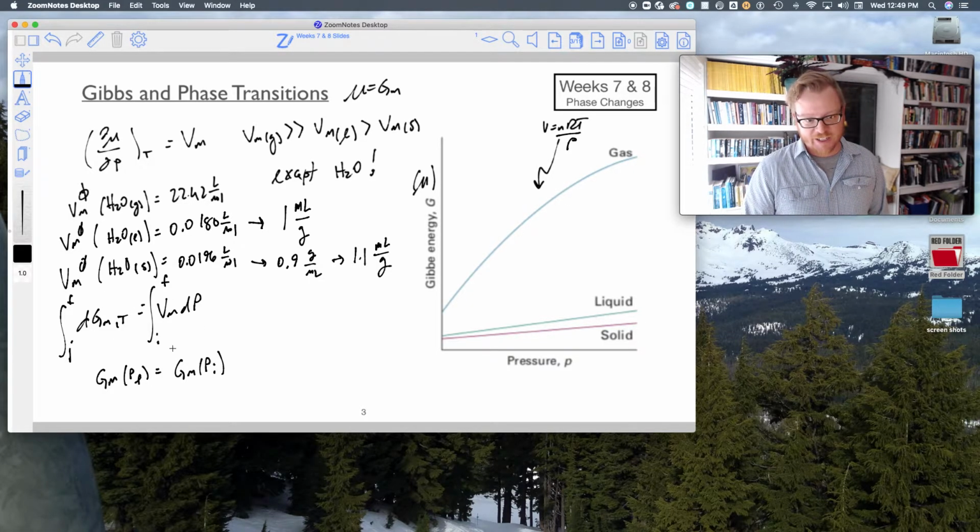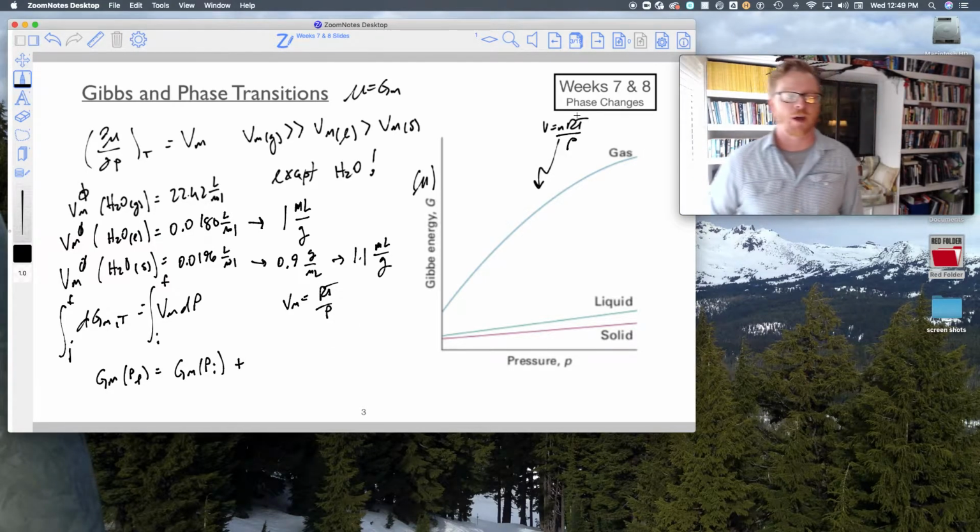And then I added the initial over to the other side of the equation. And now when I integrate Vm dP, and also noting that Vm equals RT over P, so we dropped the n because it's now Vm that we're talking about.